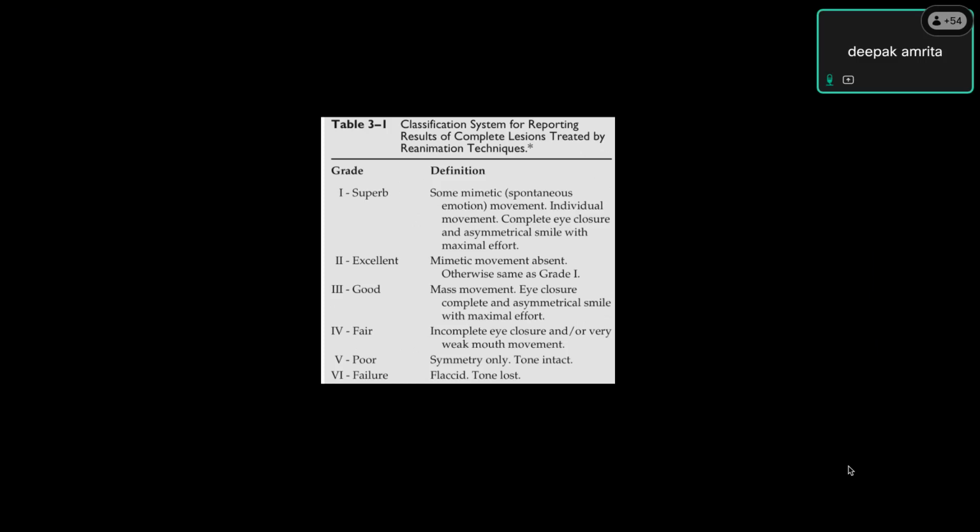In grade 3, mass movement is present and eye closure is present, and asymmetrical smile is voluntarily possible with maximal effort. Fair is incomplete eye closure and weak mouth. Poor is only symmetry, but tone is intact. And grade 6 is failure with flaccid musculature and tone is also lost.